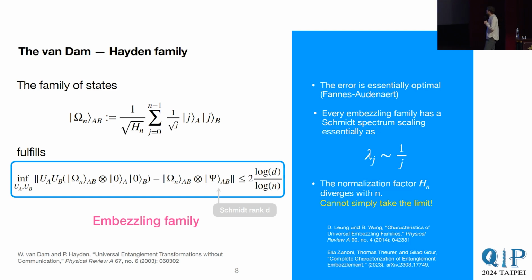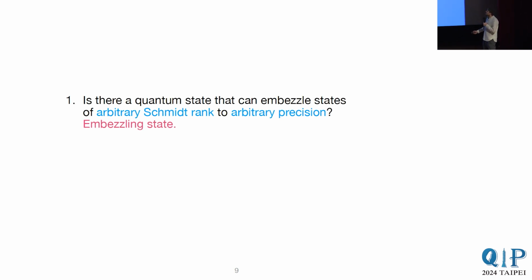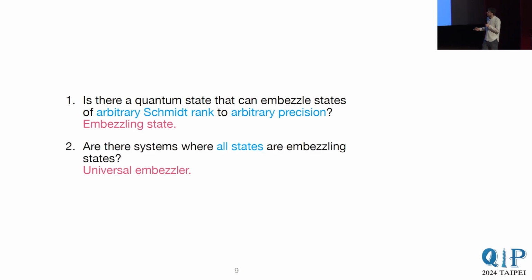So today we want to ask 3 questions and answer them for you. The first question is the following: is there a single quantum state that can embezzle states of arbitrary Schmidt rank to arbitrary precision? So instead of having a family of states, we have a single state, and we would call such a state an embezzling state. Second, are there systems where all states are embezzling states?